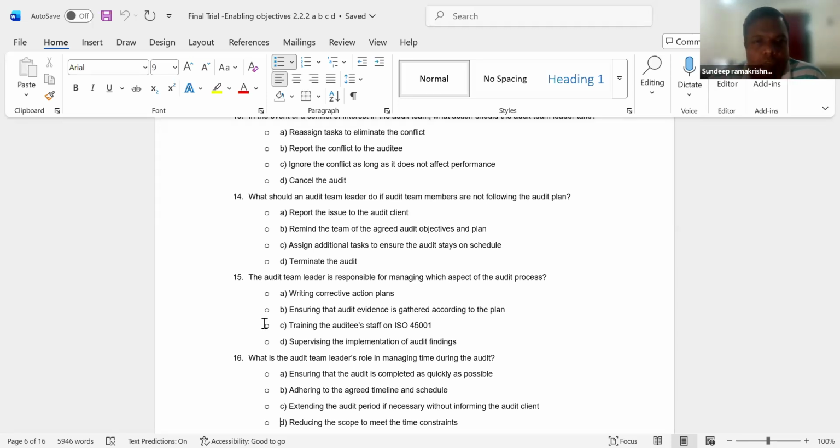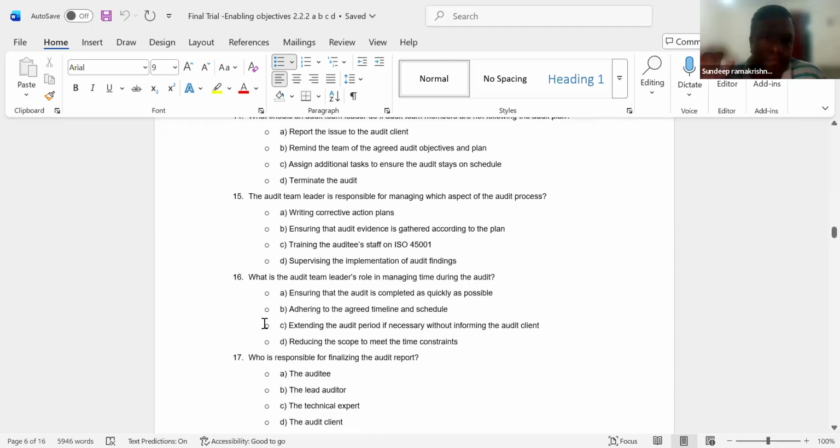15th question. The audit team leader is responsible for managing which aspect of the audit process? A. Writing corrective action plans. B. Ensuring that audit evidence is gathered according to the plan. C. Training the audit staff on ISO 45001.